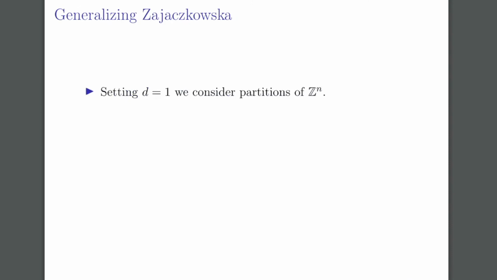So if we set d equals 1 and we look at 1-partitions, and this is for degree 2 tropical ideals, we're considering partitions because it's saying that every subset of Z^n of size 1 is contained in a unique block.